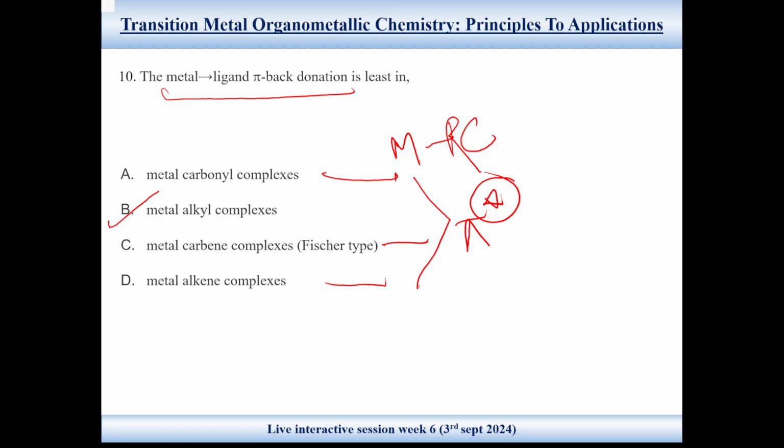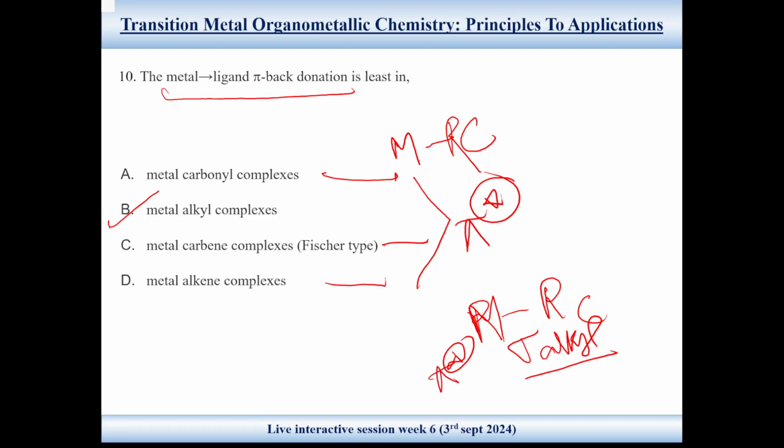But for the metal alkyl complexes, we call it a sigma alkyl complex. It doesn't have a pi star orbital, so it cannot accept the back donated electron from metal to ligand. So option B will be the right answer.